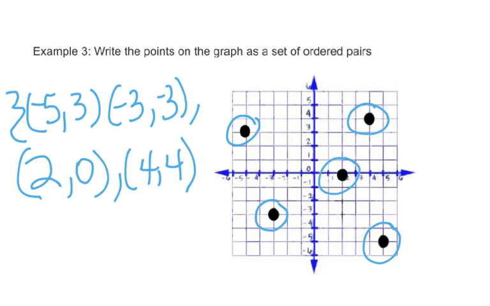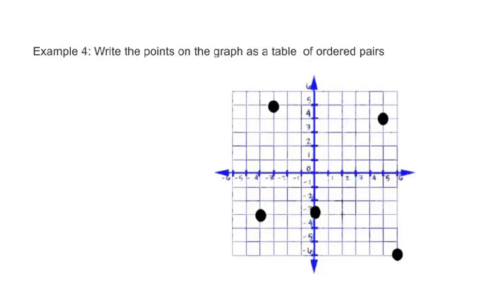I'm afraid that I'll mess up. It's at 5, negative 5. So this is my set of ordered pairs for this graph. So you may be given a graph and have to name the relation, the set of ordered pairs that are on the graph. This next one says to put the graph as a table.